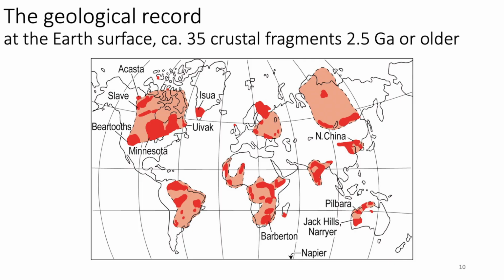So now I will go to some of the oldest geological record that we have, and in many of the next slides, I will talk about a locality called the Jack Hills. The Jack Hills is where we find the oldest zircons at the surface of the Earth being preserved, and we've learned a lot by analyzing those little minerals, trying to get them to tell us as much as they had in their core.